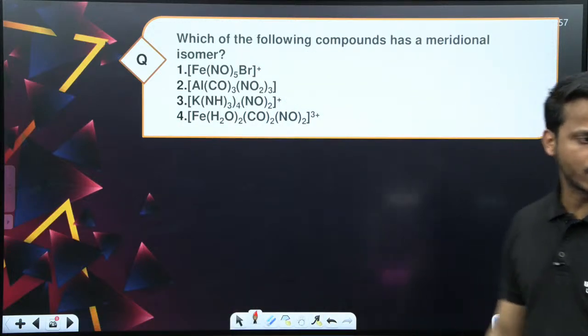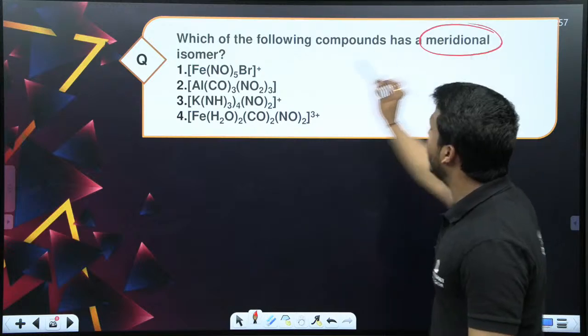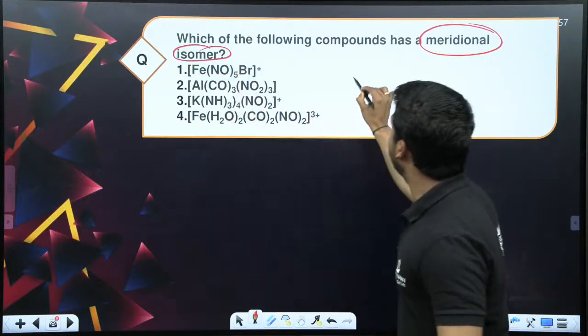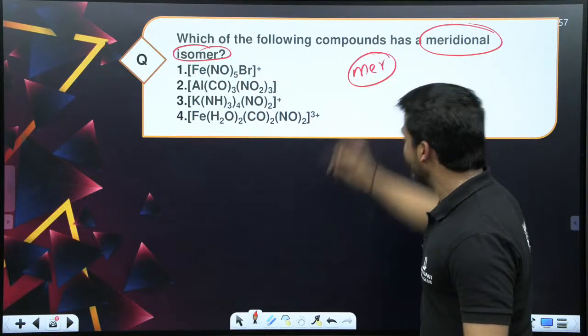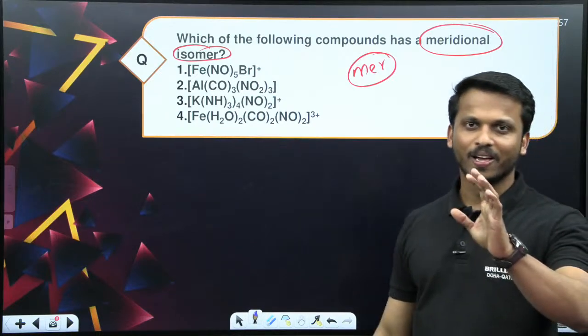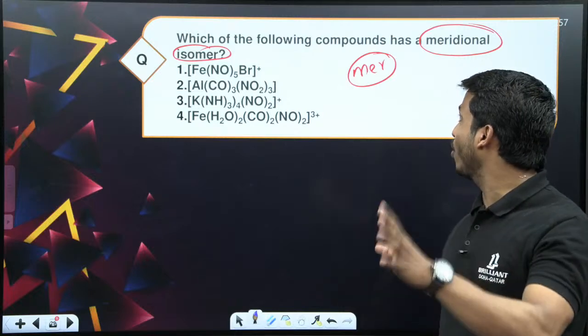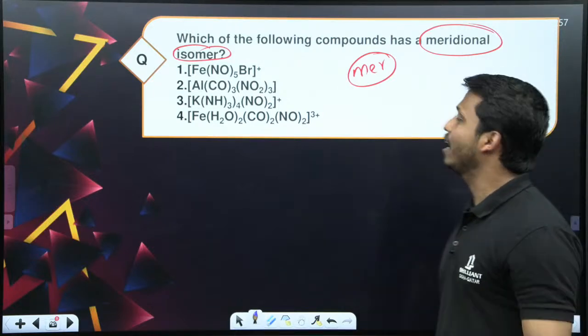Which of the following compounds has a meridional isomer or mer isomer? Which one shows mer isomer? Quick answer, nothing to worry about.